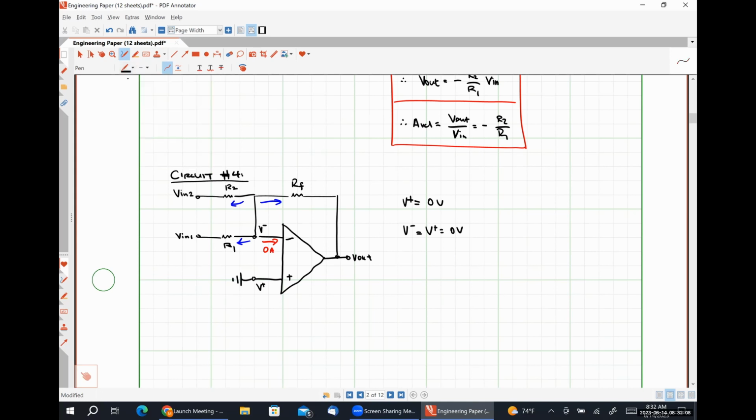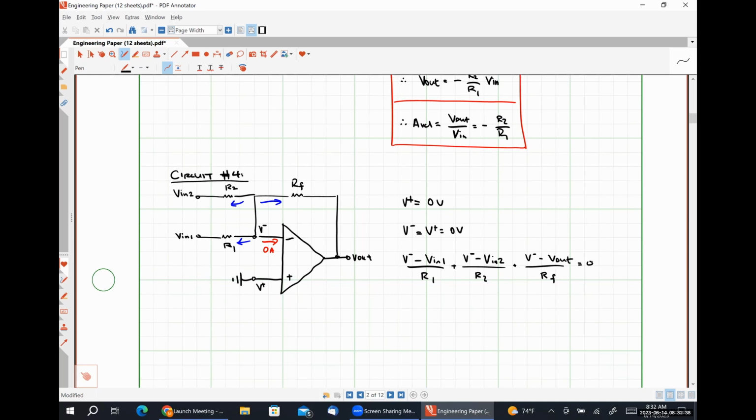And so what I'm going to get is (V minus minus VN1) divided by R1 plus (V minus minus VN2) divided by R2 plus (V minus minus V out) divided by RF is equal to 0.